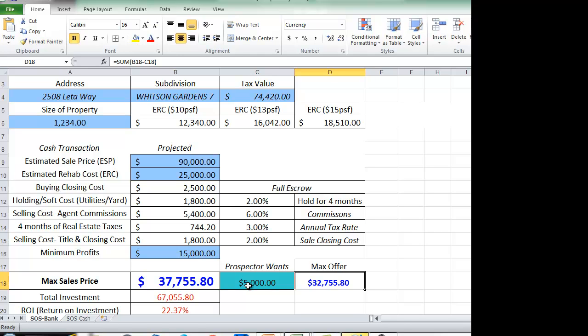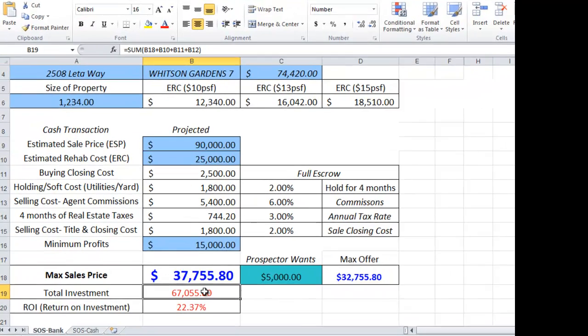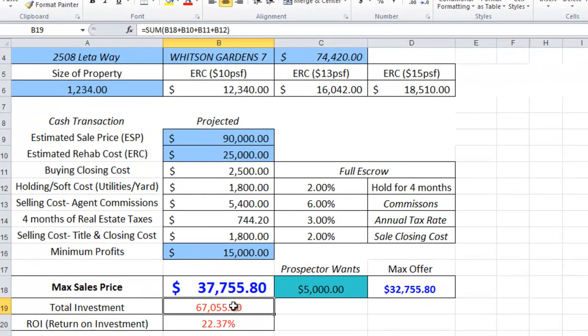Then these two fields down here are auto-calculated. It's simply the profit divided by the total investment. In this case, the total investment is the sum of these fields, which is $37,000, plus this field.